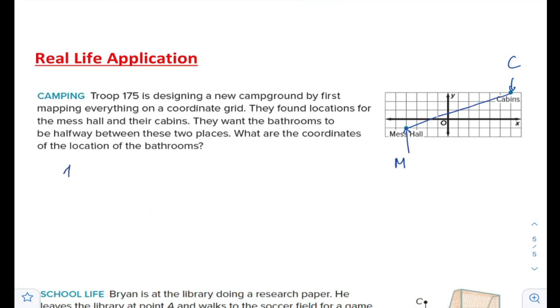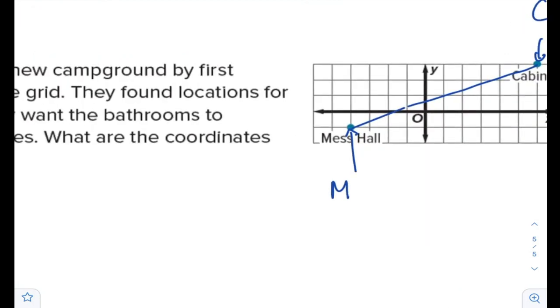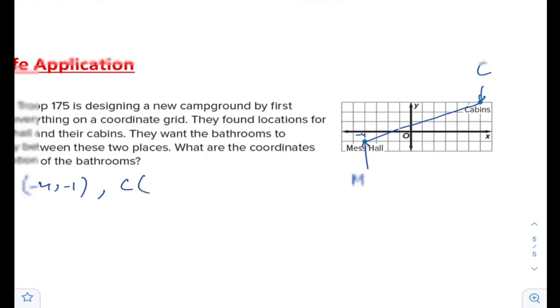So first of all, we need the location of M. According to this graph or sketch, M is at -4 and -1. And C, the location of the cabins, is 1, 2, 3, 4, 5, 6, paired with 3. So it is at 6 and 3.